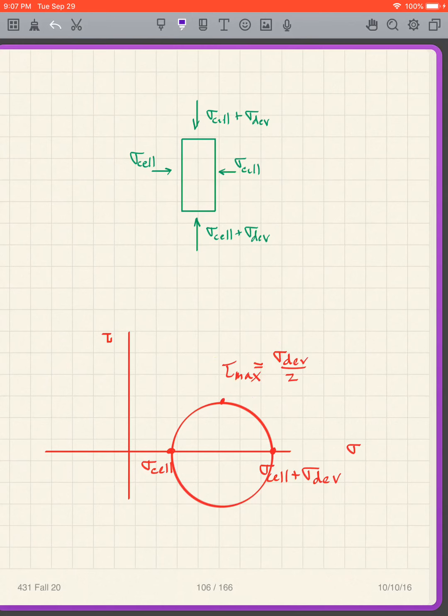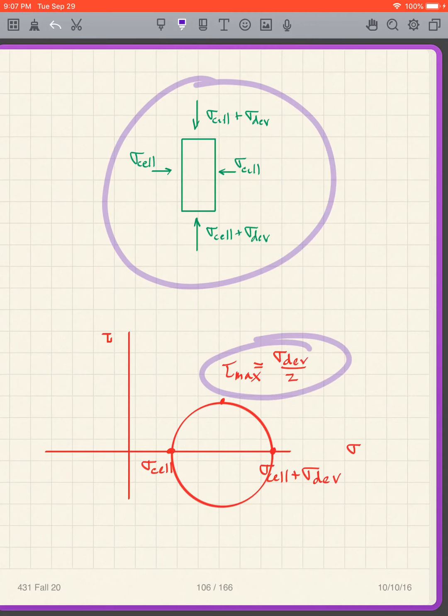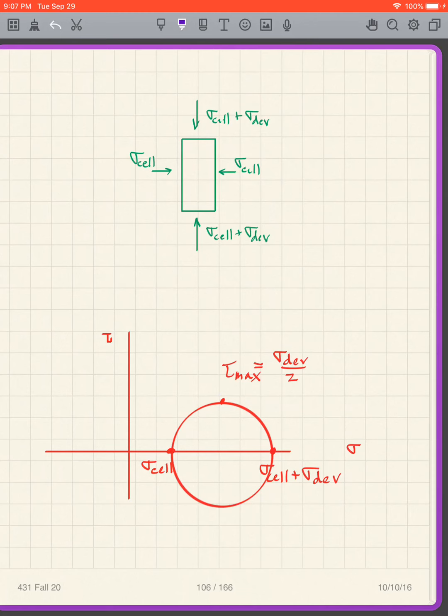So when I have this stress configuration, my tau max is simply the sigma deviator divided by 2. And that's what we're interested in getting, because that's the shear stress that we're applying. And remember, soils fail in shear. They're not steel. Steel fails in tension, for instance. Soils fail in shear, so we're always interested in the shear stresses.